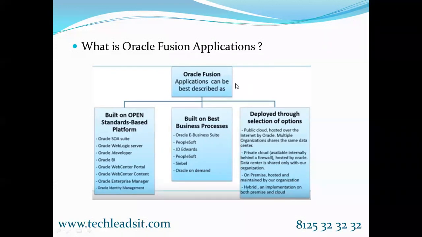This is a combination of the Fusion applications. Whatever Fusion products are available are together put into one application called Fusion application. This application will have various business processes in one place.